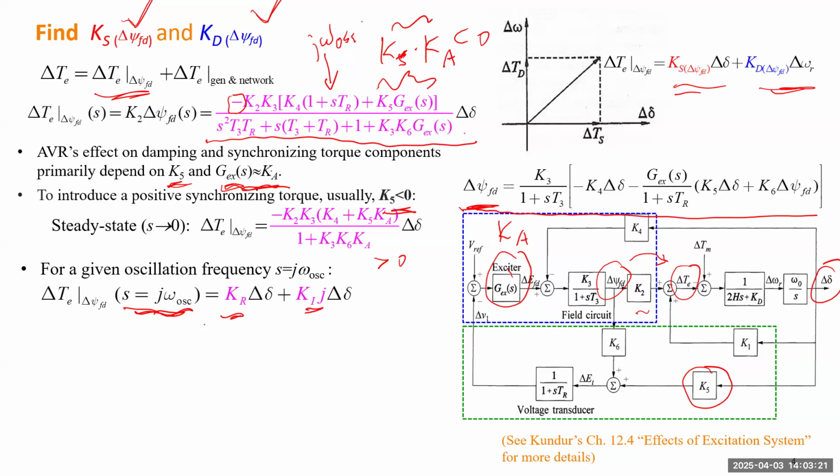We definitely know this part will be synchronizing torque, but this one will be the question. Synchronizing torque means there's a component which is in parallel with the direction of angle deviation, which means if the angle deviation changes following some waveform, that torque component changes in the same direction. They're not lagging or leading, or opposite. They're always in the same direction.